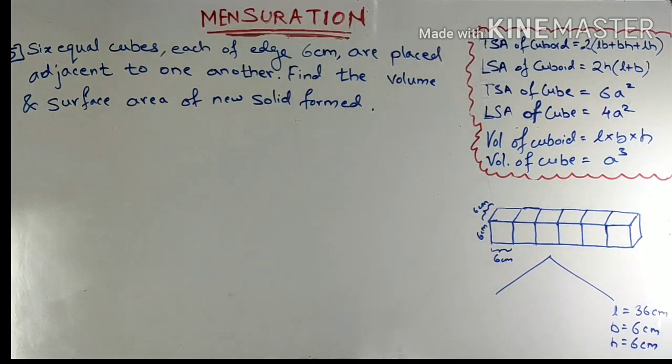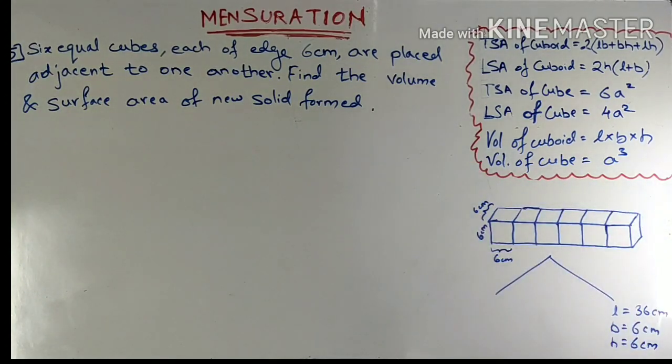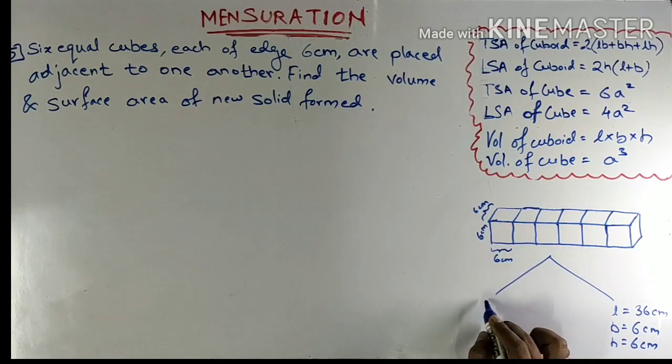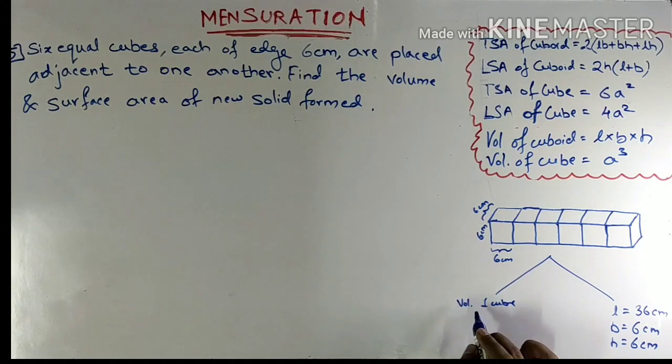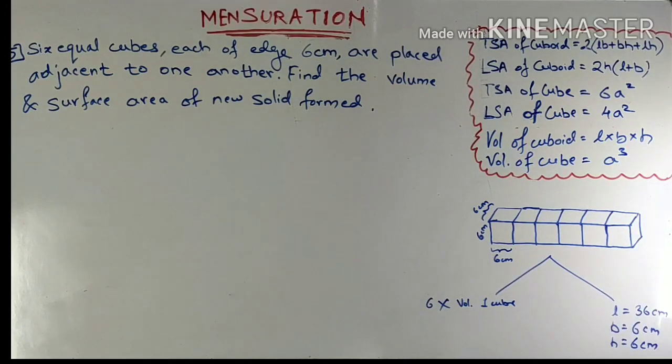If there is some other arrangement, it will be different. Since this has become a special type of solid, that is a cuboid, we can have this shortcut method. And what is another way to find the volume? To consider this one cube, find the volume of that cube and multiply it by 6, because the volume will not change based on the arrangement.